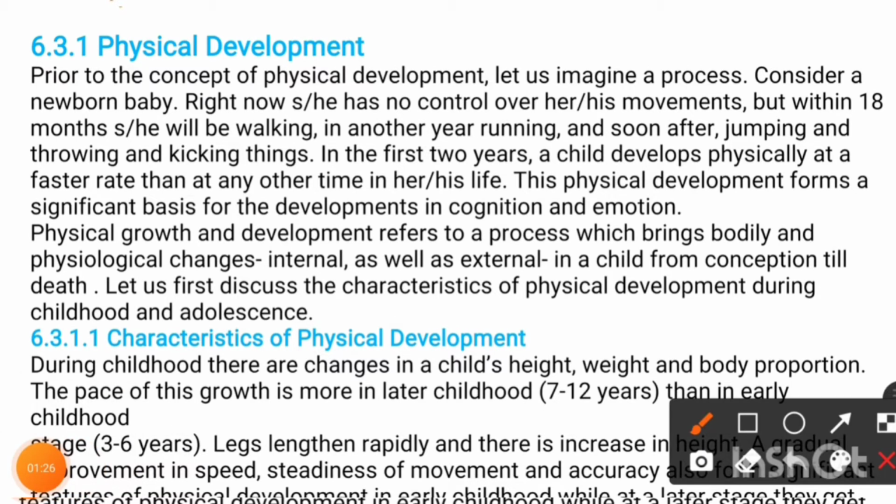So what is physical development? Prior to the concept of physical development, let's take an example of a newborn baby. Up to a certain age, she or he has no control over movement. But as the time period of 18 months passes, there are some changes.